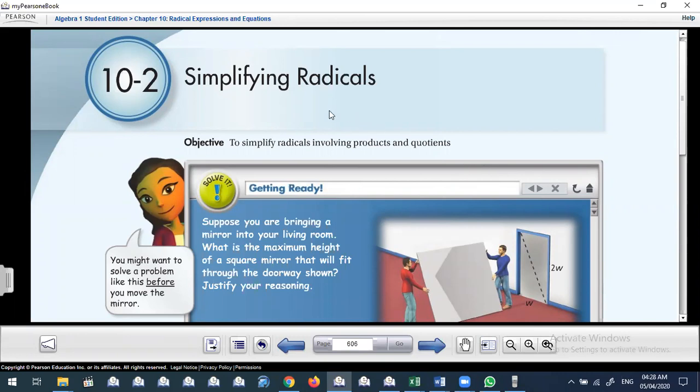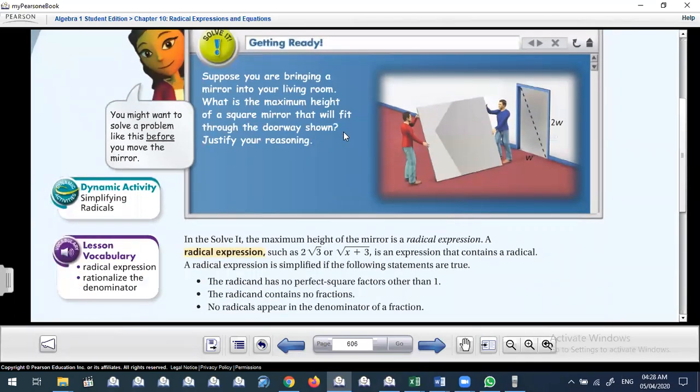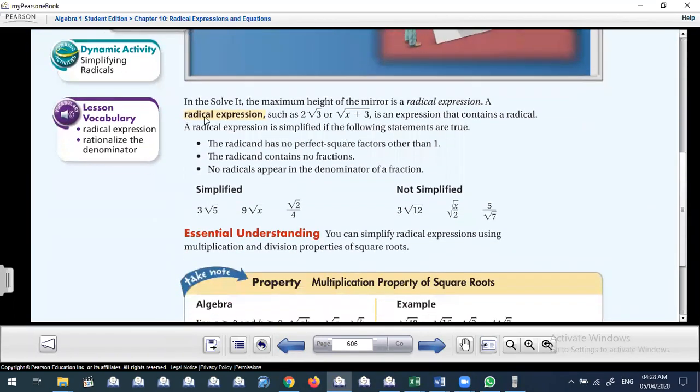Our lesson today is called Simplifying Radicals. Lesson 10: Simplifying Radicals. Today we are going to learn how to simplify the radical. A radical expression like 2 square root 3 is a whole number with a number inside a square root beside it, like 3 square root 5, like 9 square root 6, like root 2 over 4.